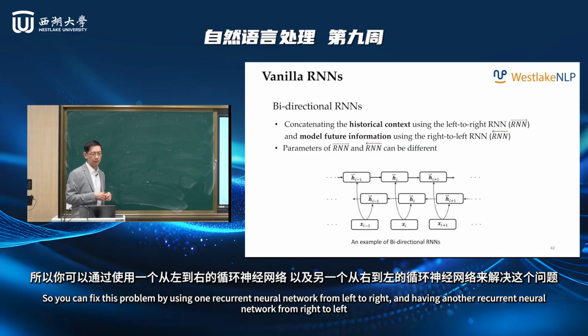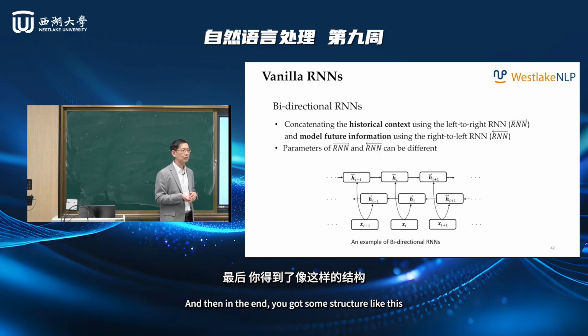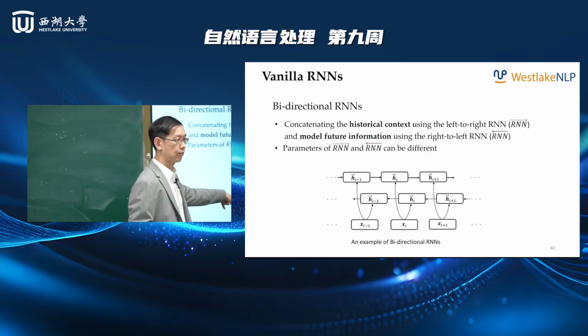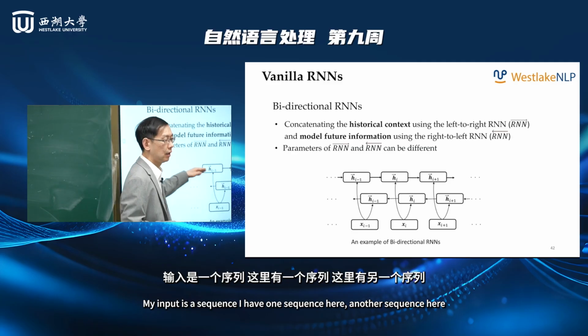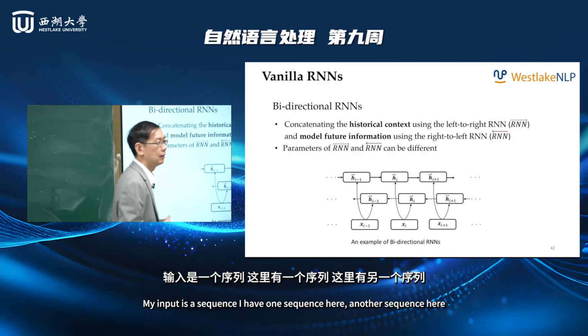So you can fix this problem by using one recurrent neural network from left to right and having another recurrent neural network from right to left, okay? And then in the end, you get some structure like this. My input is a sequence. I have one sequence here, another sequence here, right?